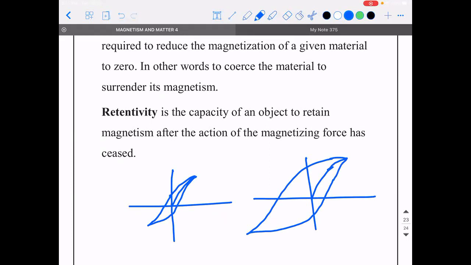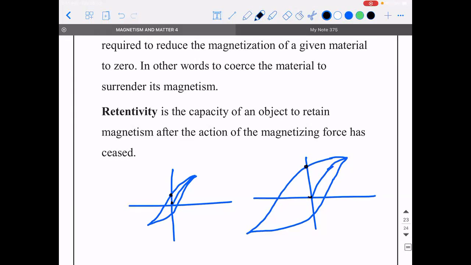What can you say about the retentivity in the first graph and the second graph? Similarly, what about the coercivity? Both are higher in the second graph than the first graph.